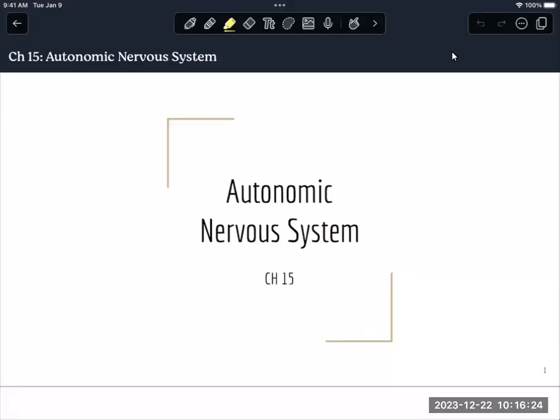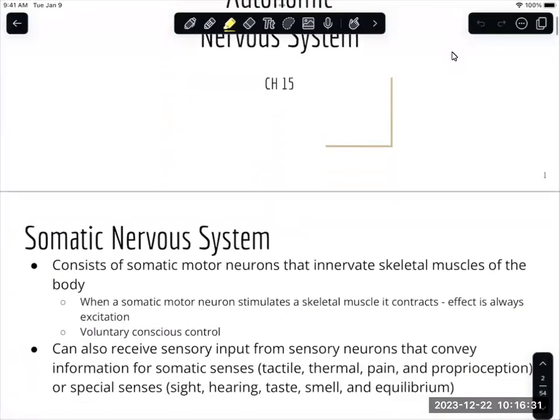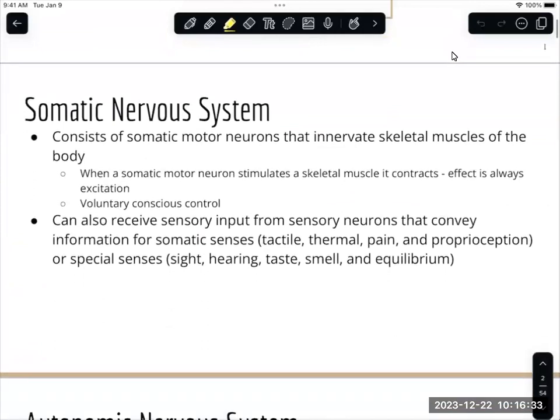Hello. Today we are going to go through chapter 15, the autonomic nervous system. So first thing we're going to do is compare a little bit between the autonomic nervous system and the somatic nervous system that we've talked about. The somatic motor system, somatic means muscle, so they are motor neurons.